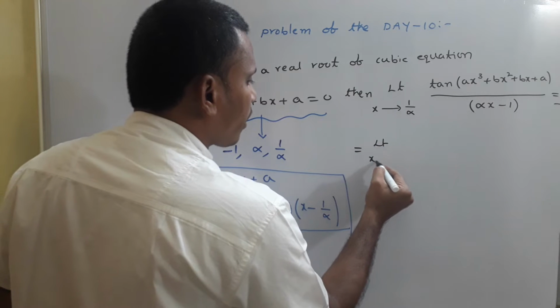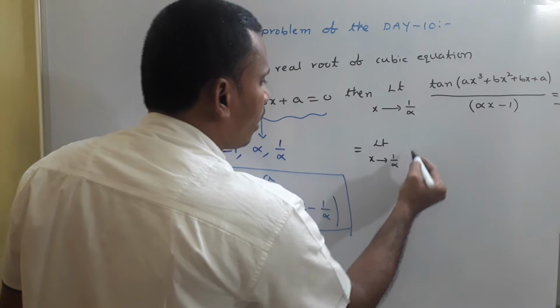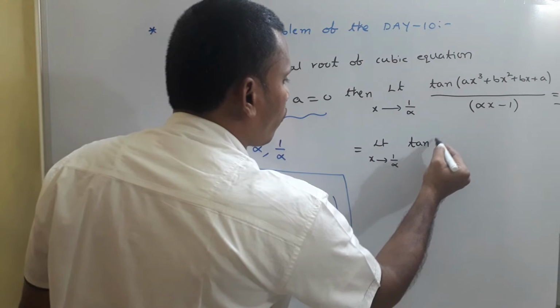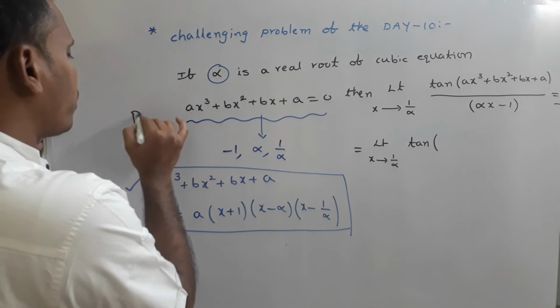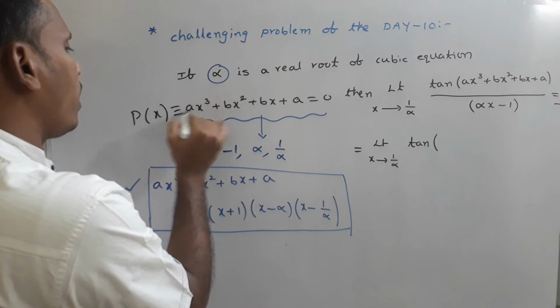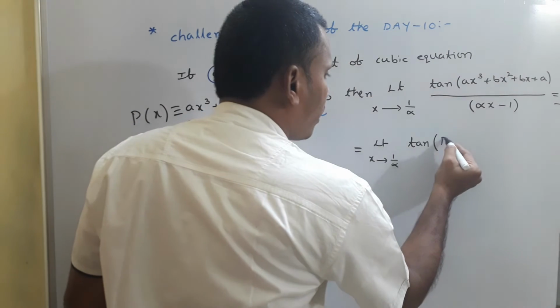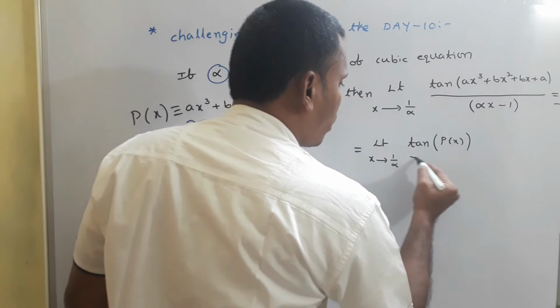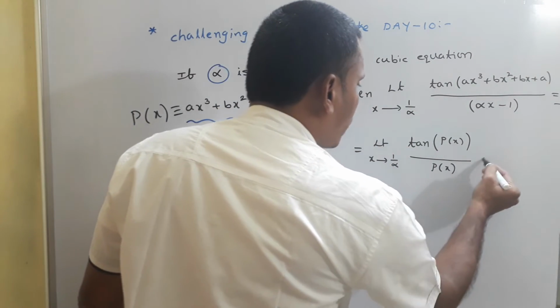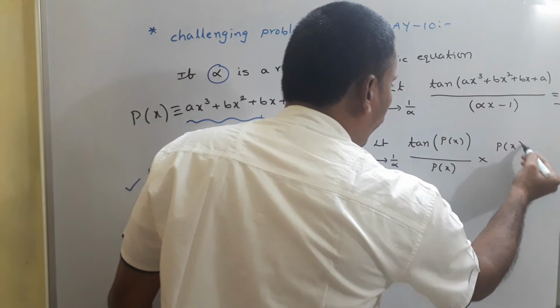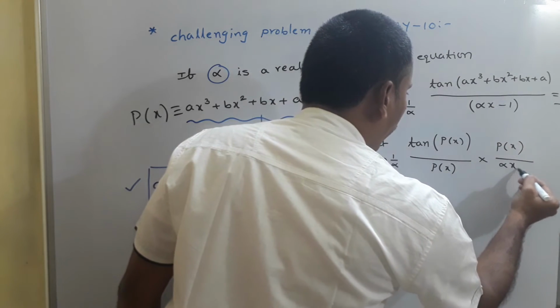So the limit as x tends to 1 by alpha of tan of this particular cubic polynomial. Just for convenience, I represent this cubic polynomial as p of x. This is tan of p of x divided by, I will divide and multiply with p of x, p of x divided by alpha x minus 1.